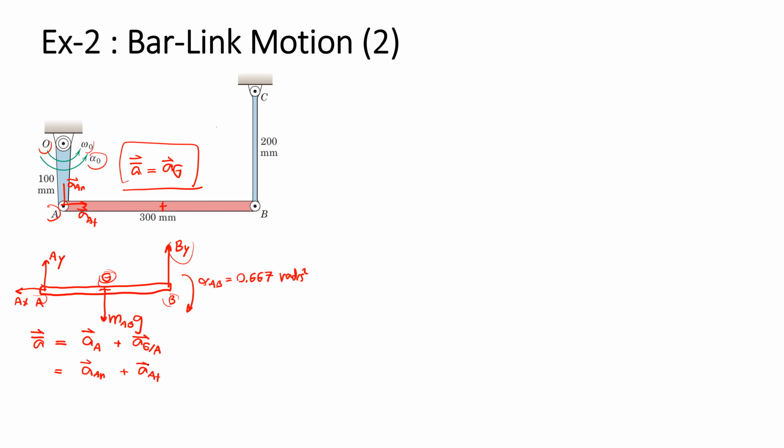At point G, we know that it now rotates with alpha, so we have the acceleration of G with respect to A in tangential and in normal direction.